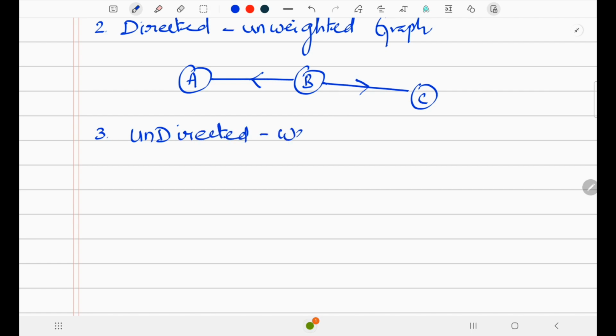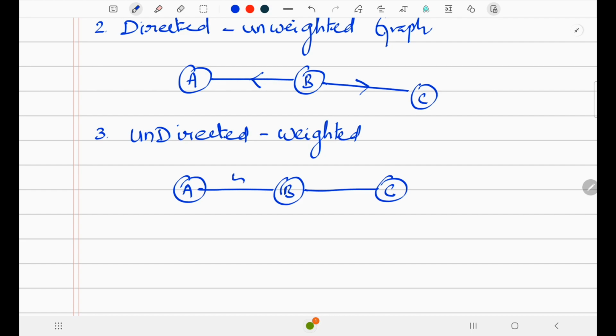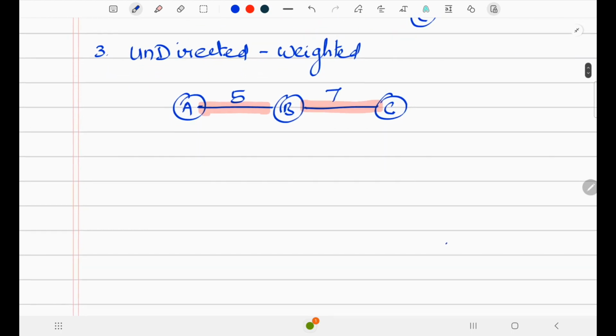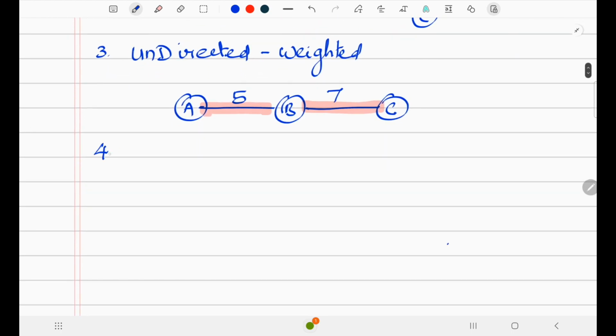Now let's go to the third one, the undirected weighted graph. Here the edges don't have any direction, only the weight. We can travel in both directions, from A to B or B to A, or B to C or C to A. There's no direction marked. So this is undirected and weighted.